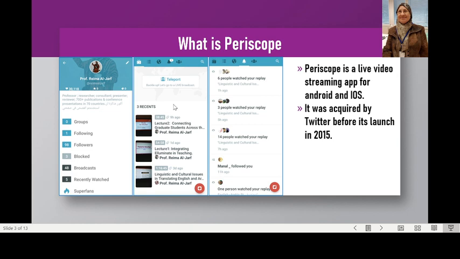In the middle screenshot, you have the last 3 lectures when they were streamed and the length of each lecture in minutes. In the third screenshot, you have the number of followers or number of people who watched the replay of certain lectures and how long ago.